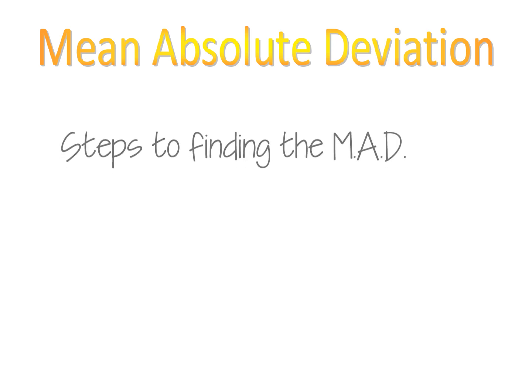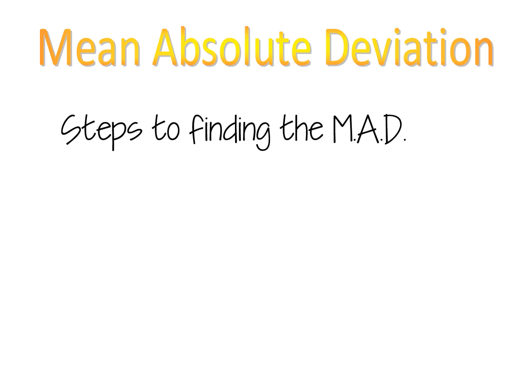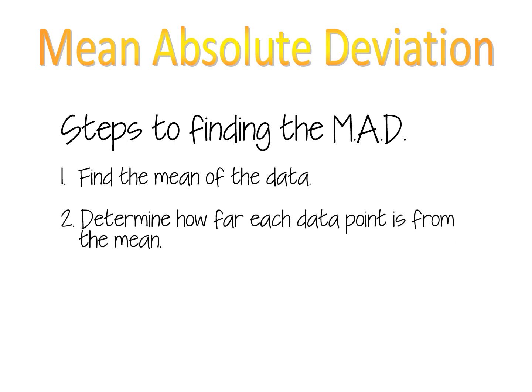All right, the steps to finding the MAD. First thing you're going to do is find the mean of the data. So you're going to take the information that you're given and find the average. After that, you need to go through each data point and determine how far that data point is from the average.